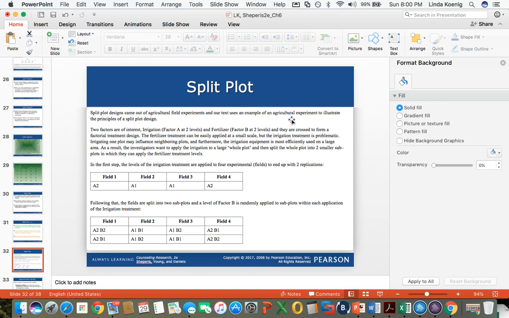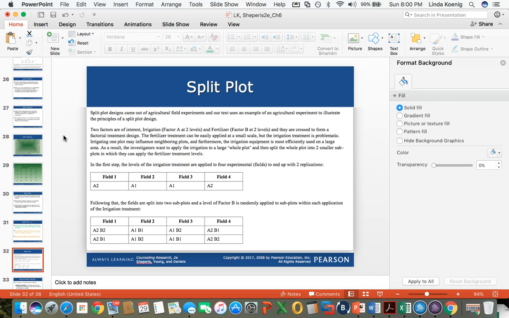And you've got irrigation level 1 and irrigation level 2. And then down at the bottom, overlaid on top of that is the fertilizer. So fertilizer is B, and we have levels 1 and 2.